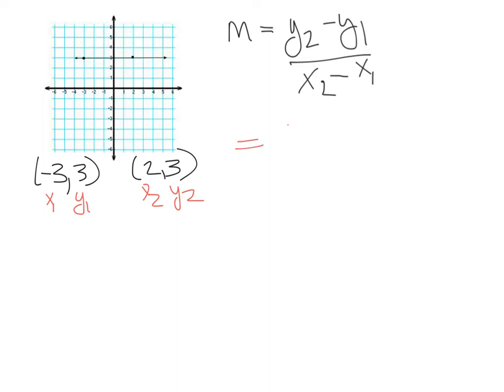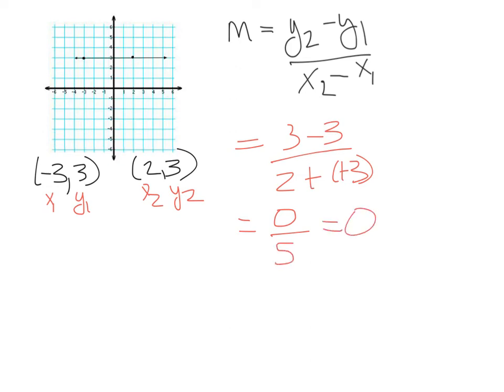Alright, y sub 2 is 3, y sub 1 is 3, x sub 2 is 2, x sub 1 is negative 3. 3 minus 3 is 0. 2 minus negative 3, that's the same thing as adding a positive, is 5. I just got a 0 slope.